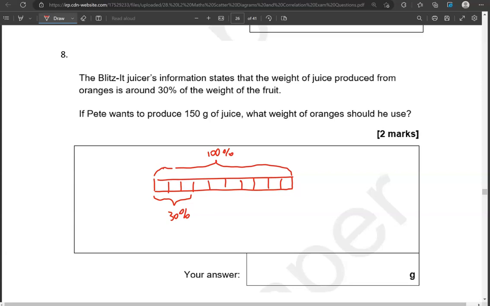So now, 30% is equal to 150 grams. So that means we've got 50 grams in each of these 10% divisions.